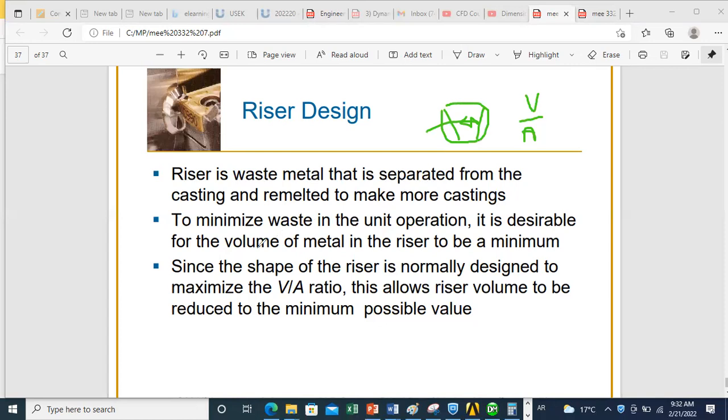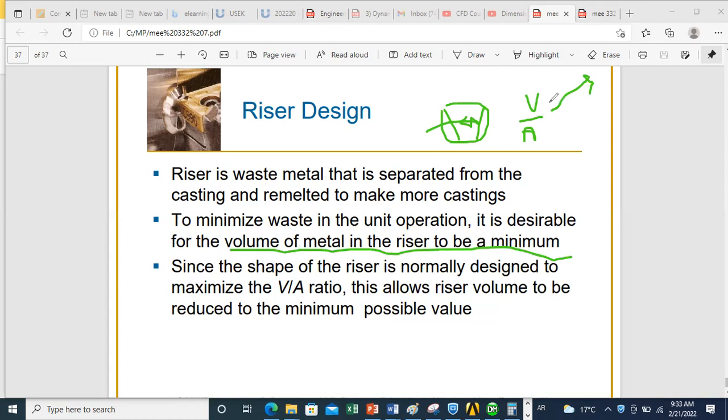Another constraint is that whenever we want to design a riser, the first criterion is V/A larger than V/A of the casting part. But we should also have a minimum volume, as minimal as possible, to reduce waste. Since the shape of the riser is normally designed to maximize the V/A ratio, this will allow the riser volume to be reduced to the minimum possible value.